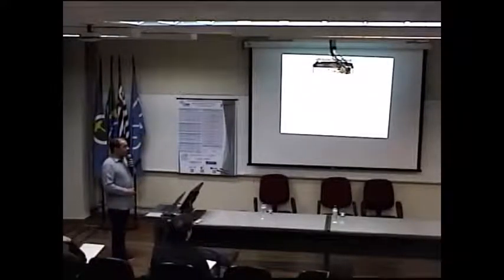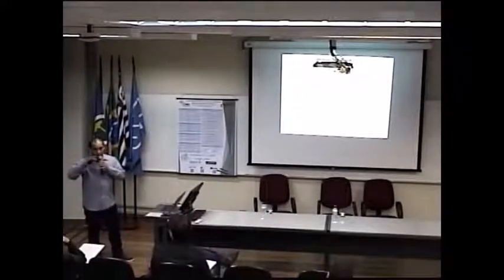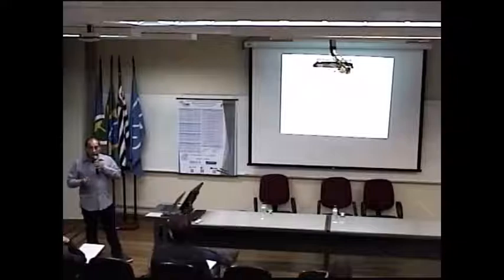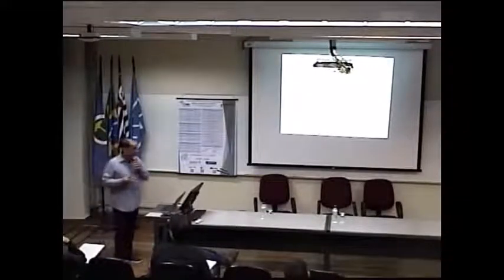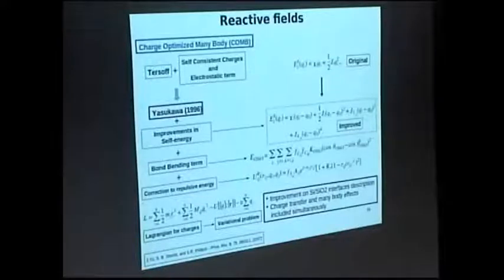And here the idea is that you try to maintain the system as a whole neutrally charged, okay, charge 0 in the total, but each atom can have an excess or some depleted charge.